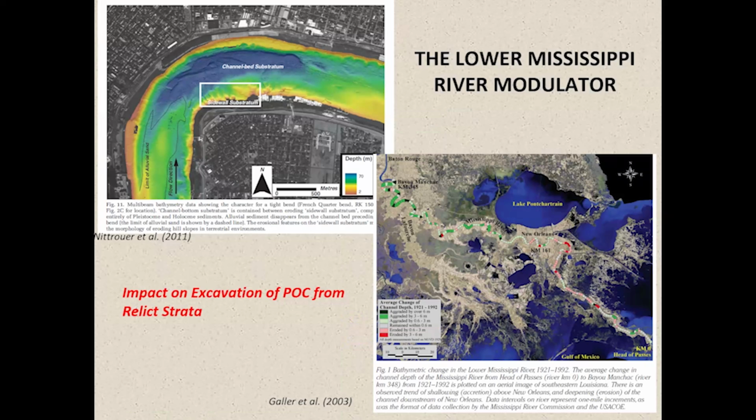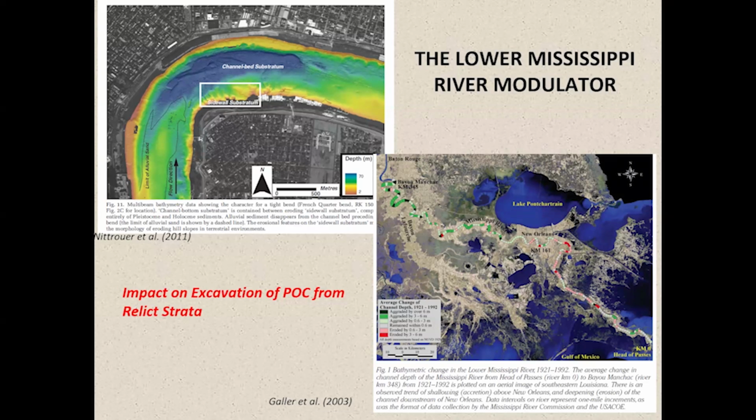One of the interesting things is that a lot of the lower riverbed is actually relic strata exposed, especially in these bends. There are several types along the sidewalls and on the channel floor where, if you core this material, you get into the underlying deltaic strata, right? And when you get up to New Orleans, in these deep holes, you're actually picking up Pleistocene material. It's deep enough. And so as that material erodes, that is injected relic carbon into the system, which is a really interesting potential source.